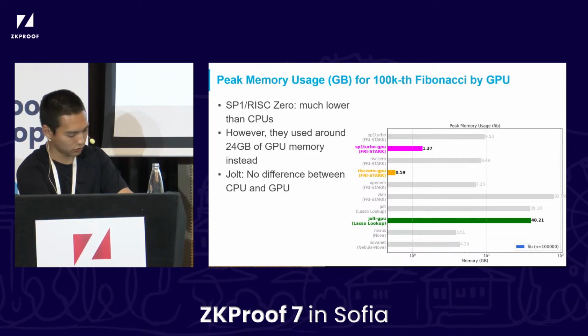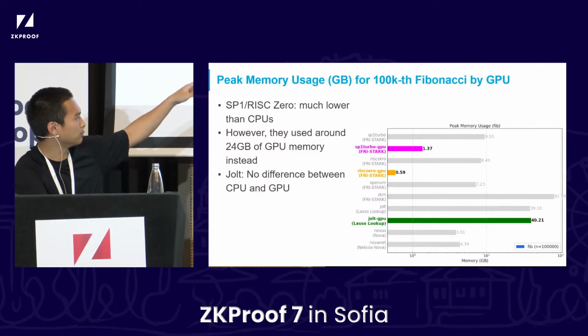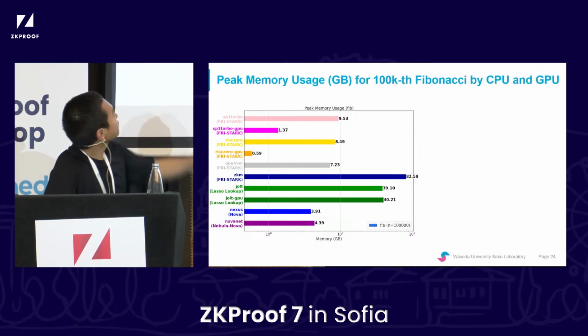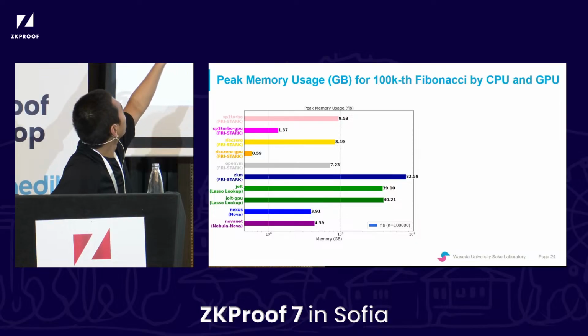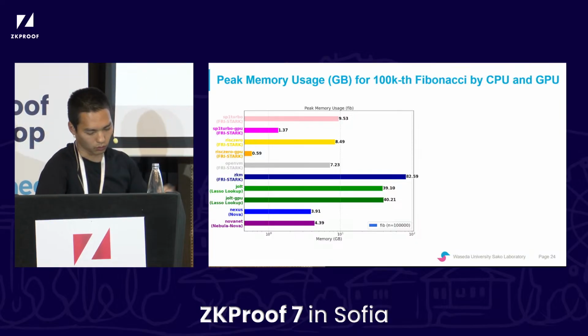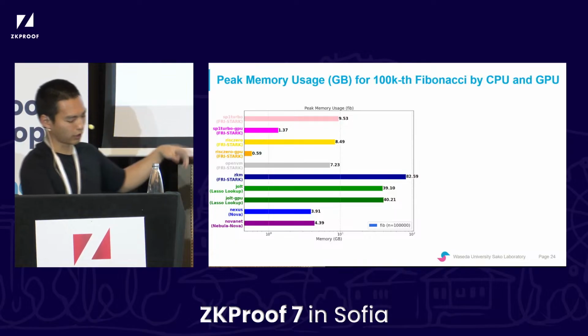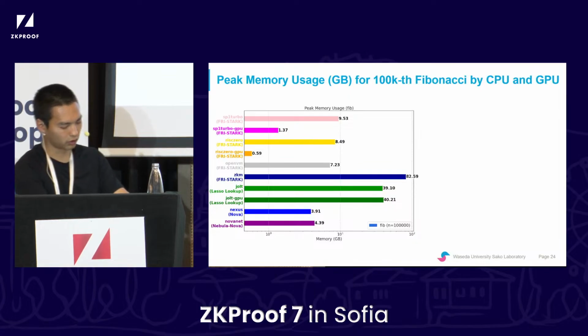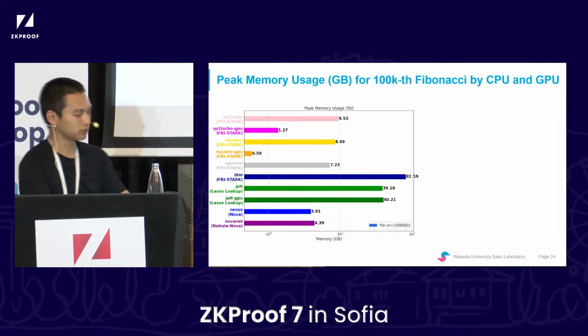And Jolt showed little difference in memory efficiency between CPU and GPU. So overall, RISC Zero's GPU and SP1's GPU were the most memory efficient, while Nexus and NovaNet were the most efficient by CPUs.